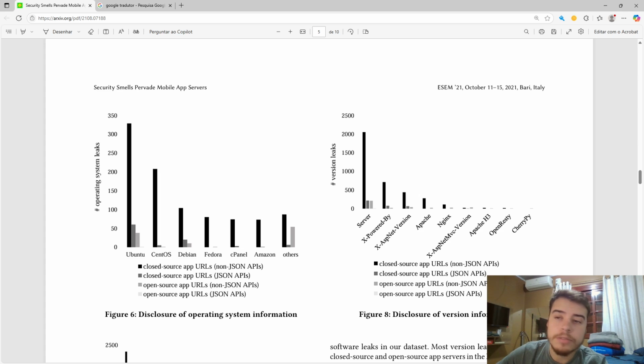So here is about operating system information. Here is about version information, and the most measured information here was the server. And again, closed source apps have more leaks.